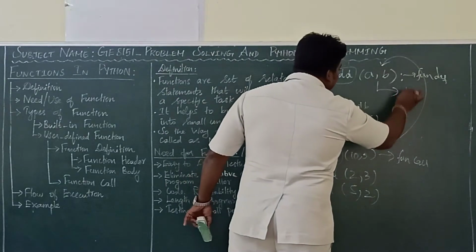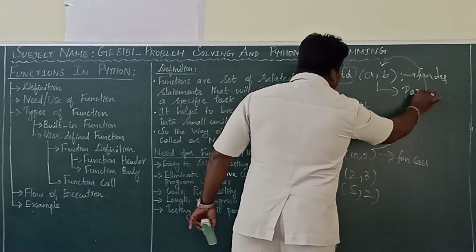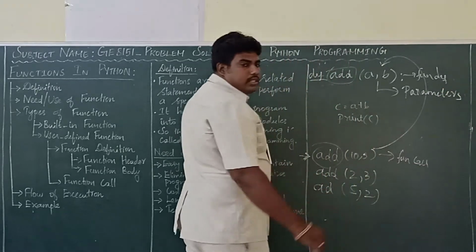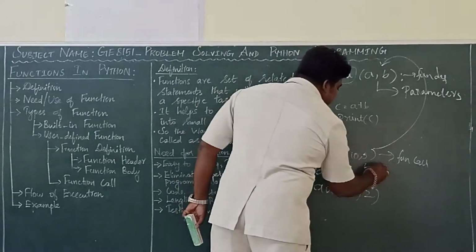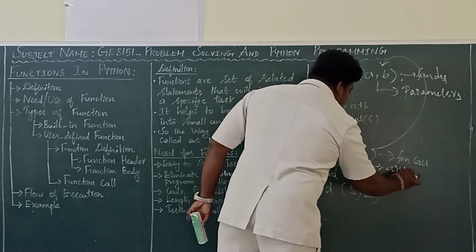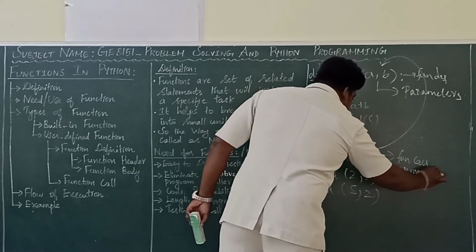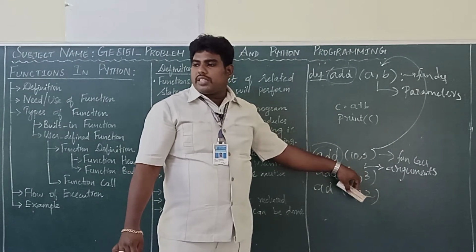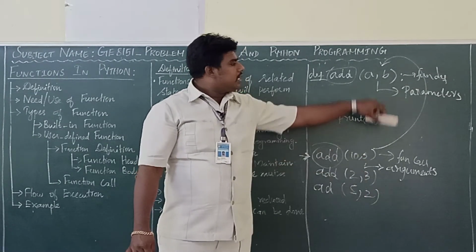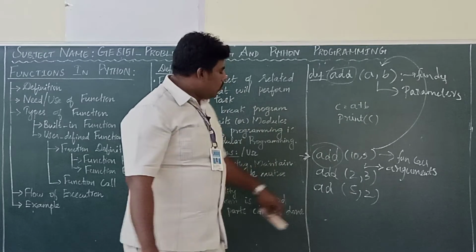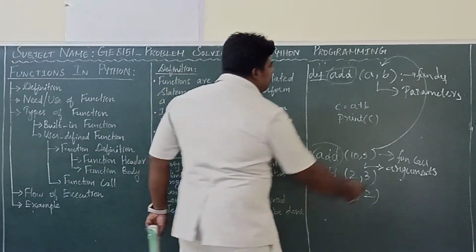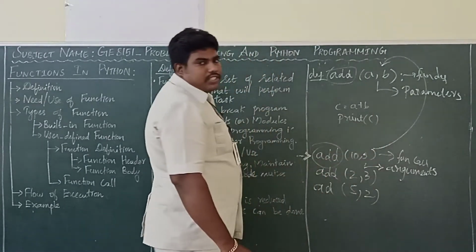Here, these variables are called parameters. Here the values are called arguments. Inside the bracket, the values are arguments. Here they are parameters. Once this line is executed, the call initiates the function definition.